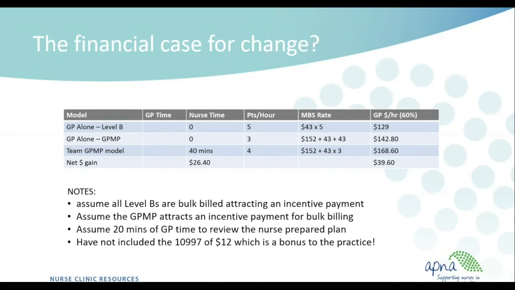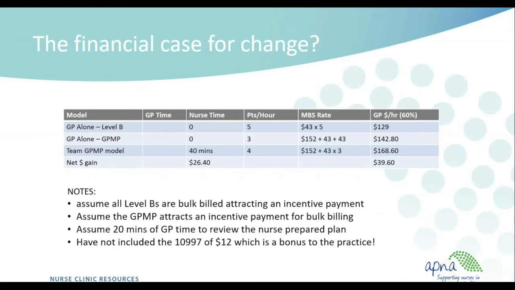So if you've got a doctor alone and they're seeing patients and they see 5 patients an hour and they bill a level B or a 23, your average MBS allowing for a bit of bulk billing incentive item and stuff in there, they might be billing $129 an hour. If the GP does care planning, all of a sudden they can see fewer patients, but they can bill some bigger item numbers, so they can bill $142 an hour.